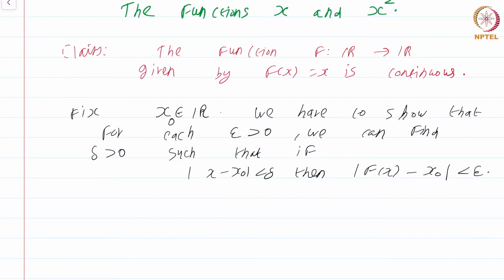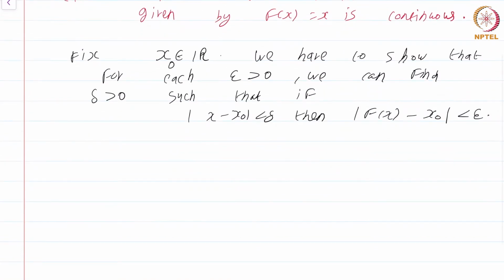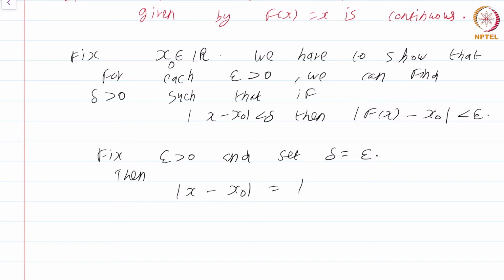Now fix epsilon greater than 0 and set delta equal to epsilon. Then mod x minus x naught is equal to mod f of x minus x naught, and this quantity is less than delta, which is equal to epsilon.